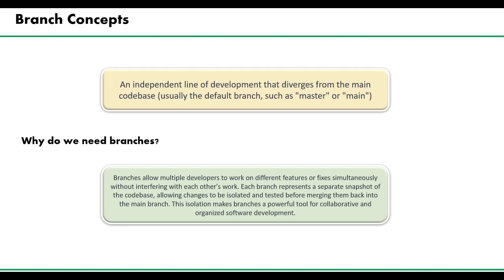Okay, this may be a little bit confusing in the first place. So let me explain this with a graph and also with simpler words. So let's say we want to start with the same code base, typically in the default branch, like main or master.